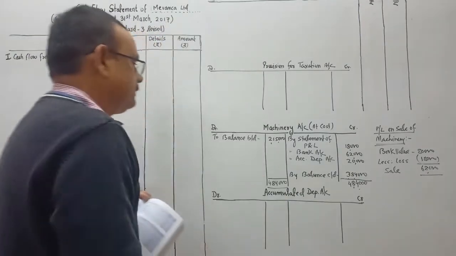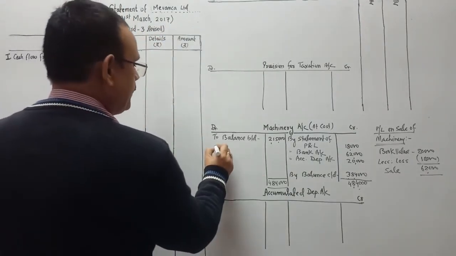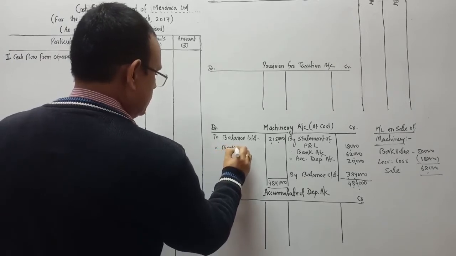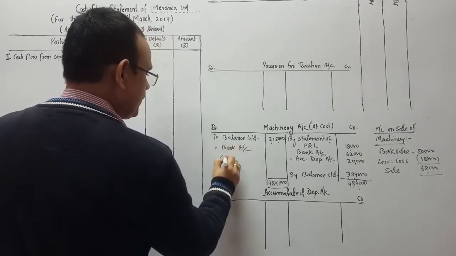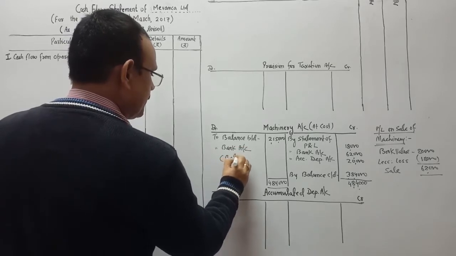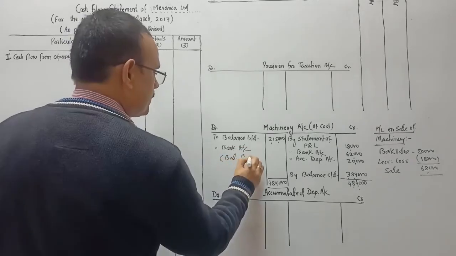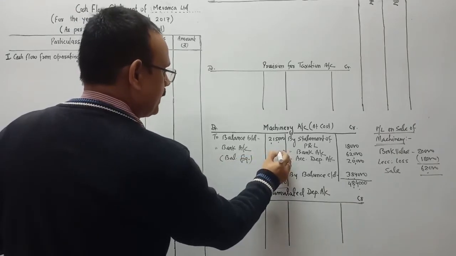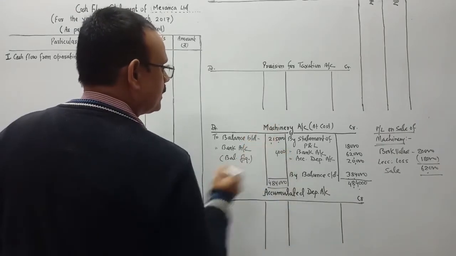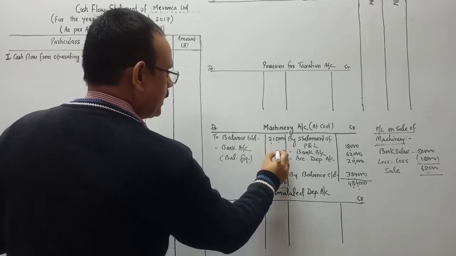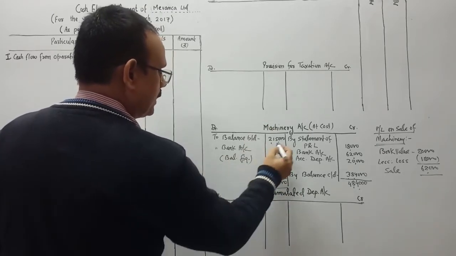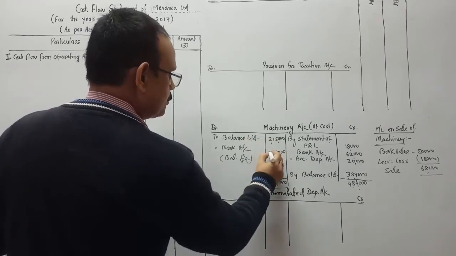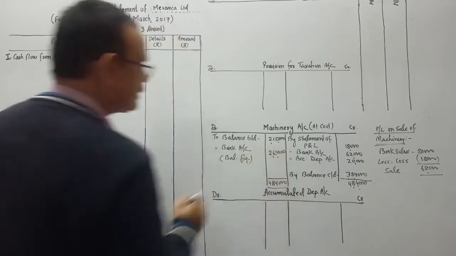4,84,000. The difference amount will indicate the bank account. This balancing figure indicates the purchase of machinery. So machinery is purchased for rupees 9, 1 carry to 6, and 2,69,000.